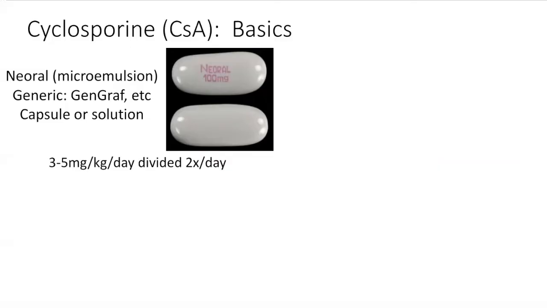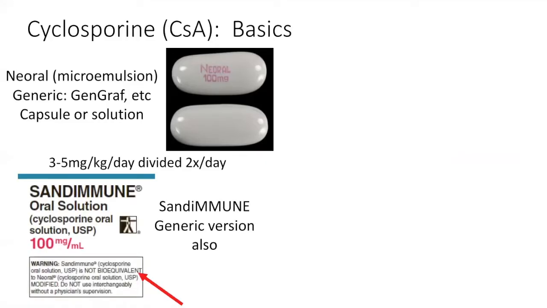So this comes in multiple formats. One format is called Neoral, and it's called a microemulsion format, which means it's a form of cyclosporine that was developed to be absorbed more consistently and at a different level than the alternative, which is usually called Sandimmune, but it has other names as a generic.